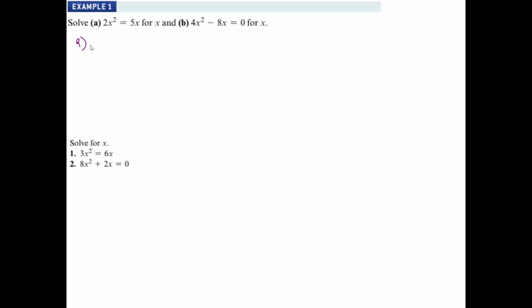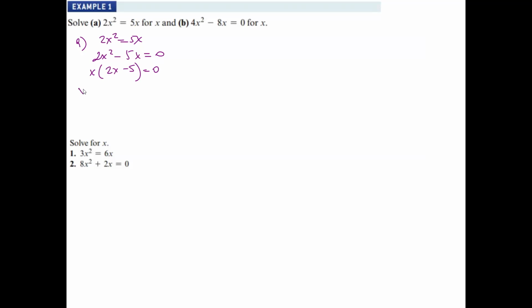So A, what I have, 2x squared equals 5x. Let's rewrite that in standard form. What I see here, C is 0, right? So it's incomplete. To factor it, I can take x outside of the brackets, and I have 2x minus 5. Correct?